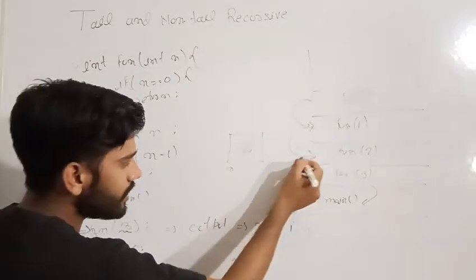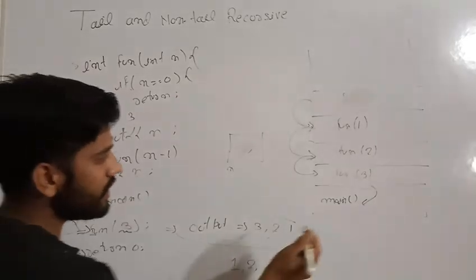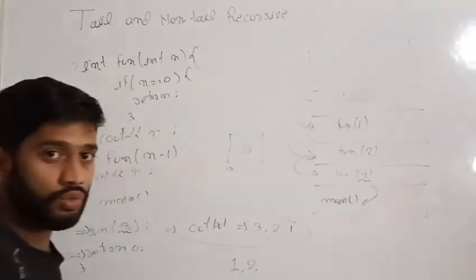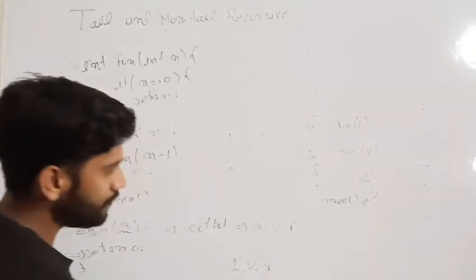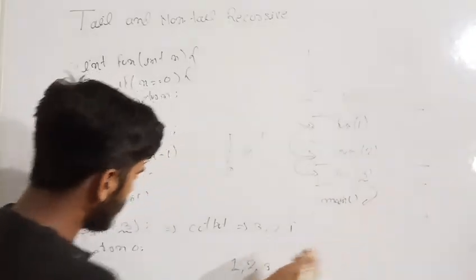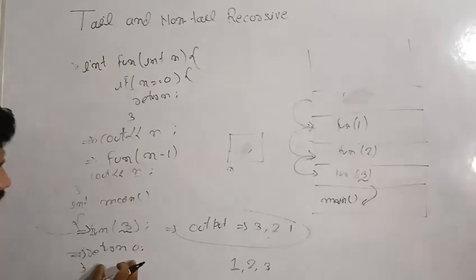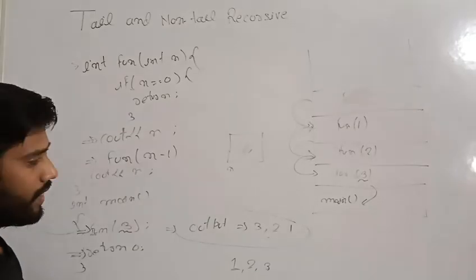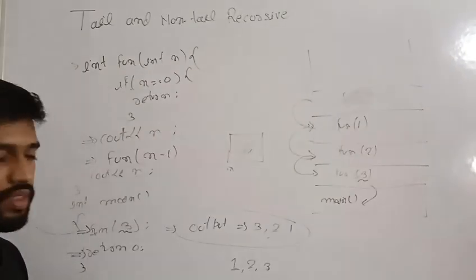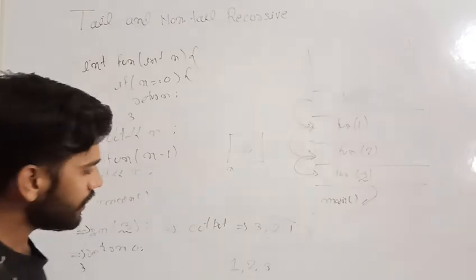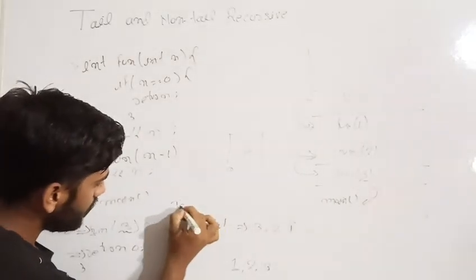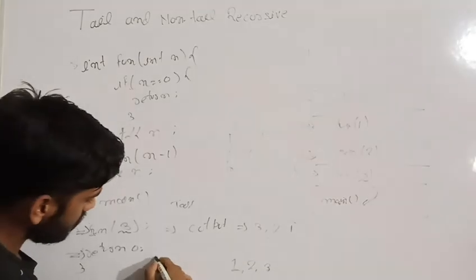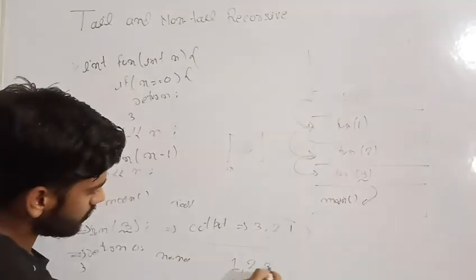Again it will return here, and n is equal to 3. Now n is equal to 3, and it returns to the main function, and return 0 will happen, so our code has been successfully run. This one is for tail recursion, and this one is for non-tail recursion.